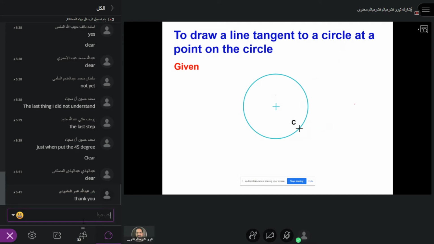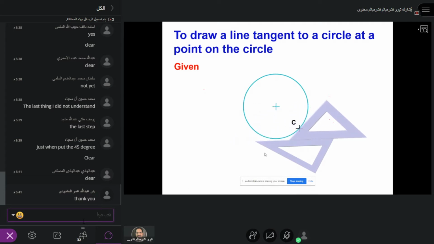So first the circle is given, mark a point C, and then let's see what's happening here. Next. So now you use the tri-square and draw the line.